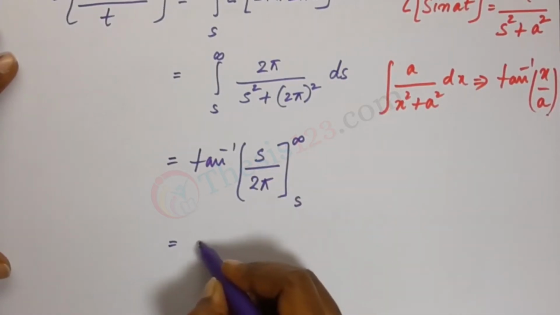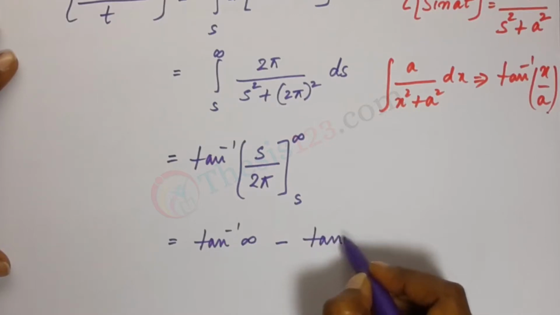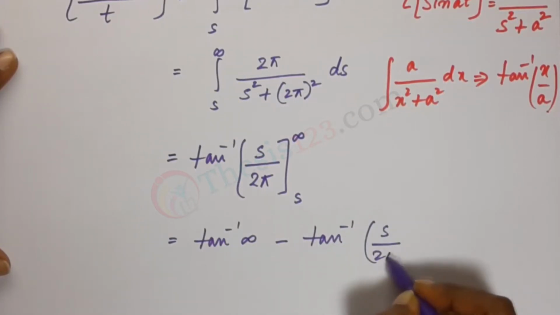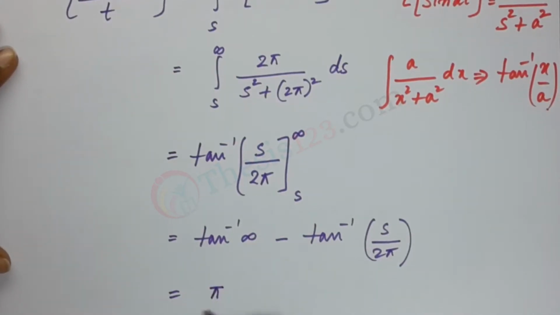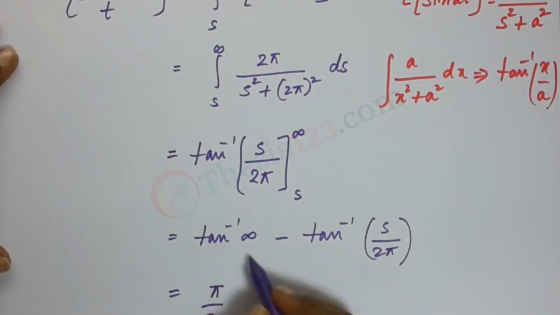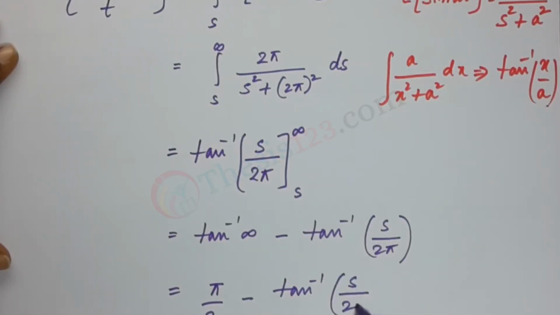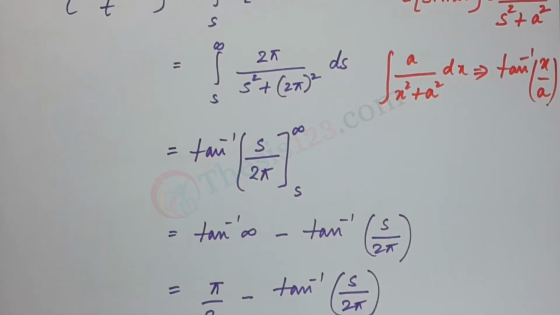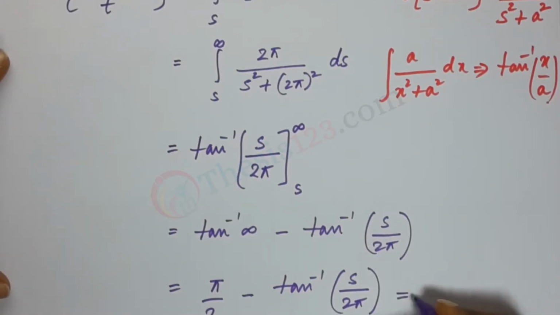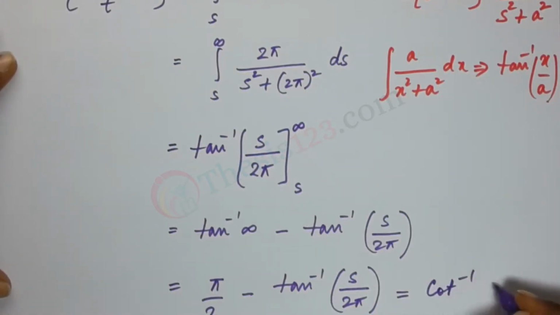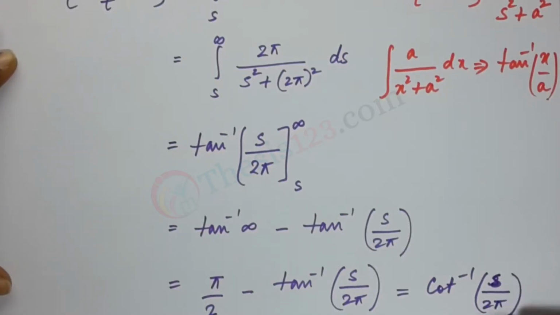Now if we apply the limits, we get tan inverse of infinity minus tan inverse of s by 2 pi. If we solve this, we get pi by 2 for infinity, minus tan inverse of s by 2 pi. So 90 minus tan inverse theta is cot inverse theta. Please remember that. That would be cot inverse of s by 2 pi.